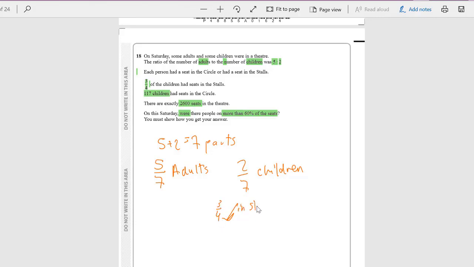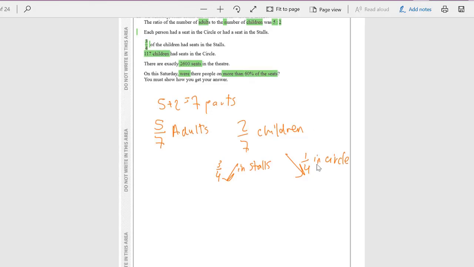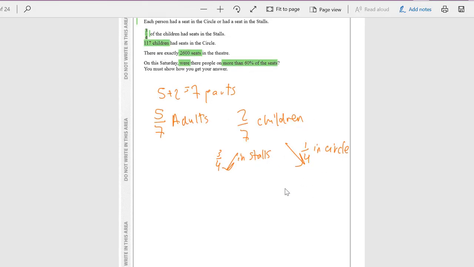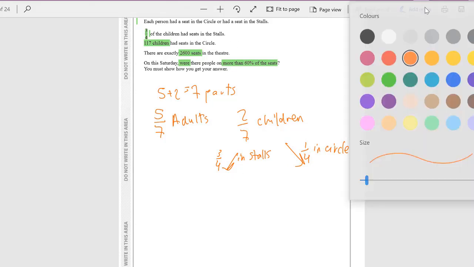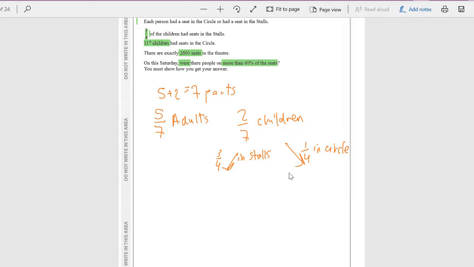That means that 1/4 were in circle, and if we multiply, 2 over 7 times 1/4, we get 2 over 28, which simplifies as 1 over 14.